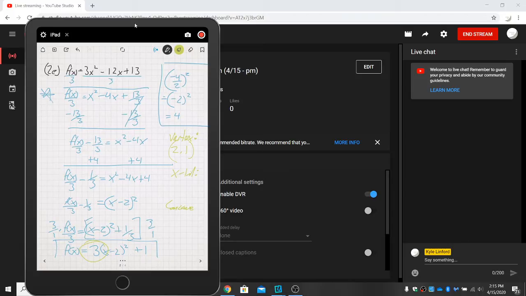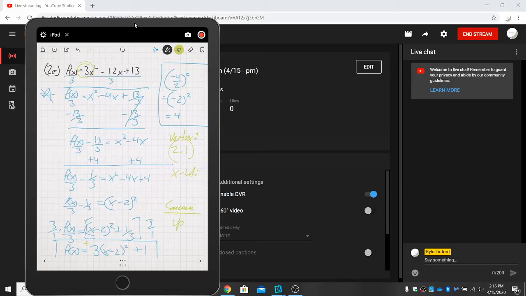It's a 3. Is it a positive 3 or negative 3? It's a positive 3. So that means we are opening upwards. By the way, this number is the same thing as the leading coefficient. So if the leading coefficient is a positive number, you're going to open upwards. If it's a negative number, you're opening downwards.